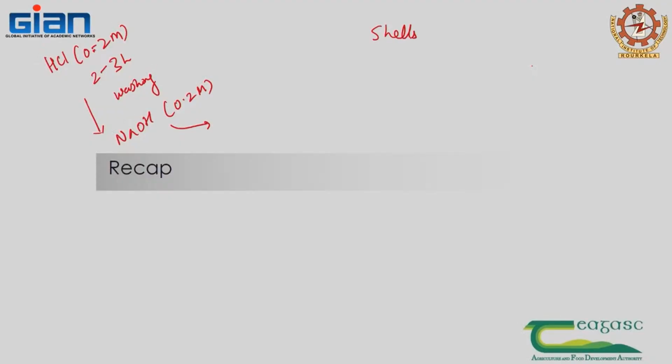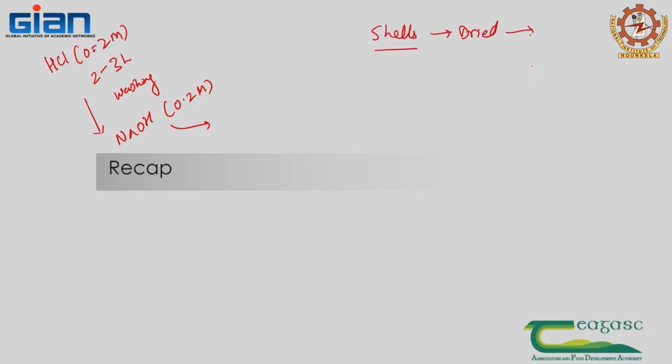So first, the background was that shells were collected. You can ask all those questions to your instructor who went to different places to get the shells for you. And it's the best saying, seeing is believing. When you see it, then you feel how easy it is to do it. So shells were dried.